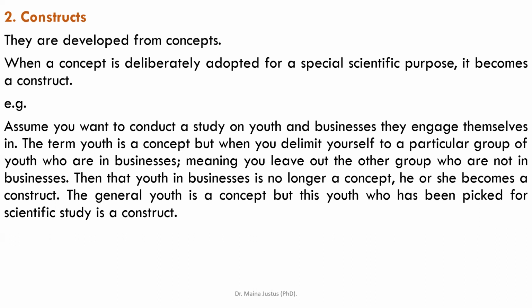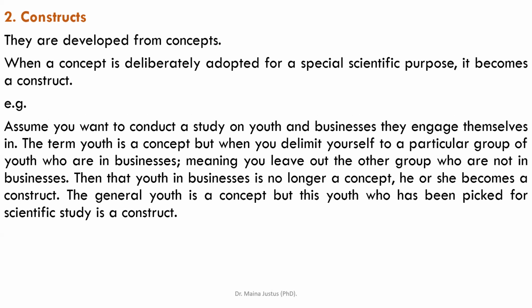But when you delimit youth to a particular group, the youth who are engaged in business, for example, in Nairobi County, you end up having a construct. Why? Because you have narrowed the group, you have excluded others, you are now studying a specific group.